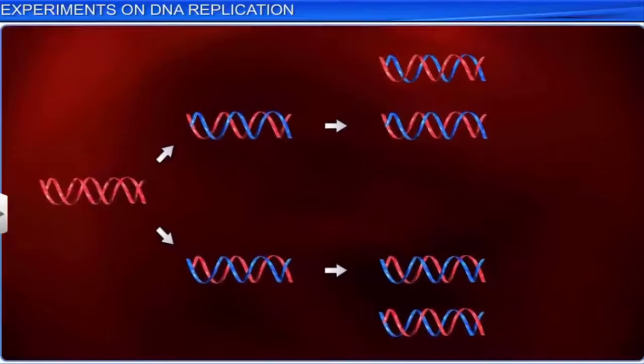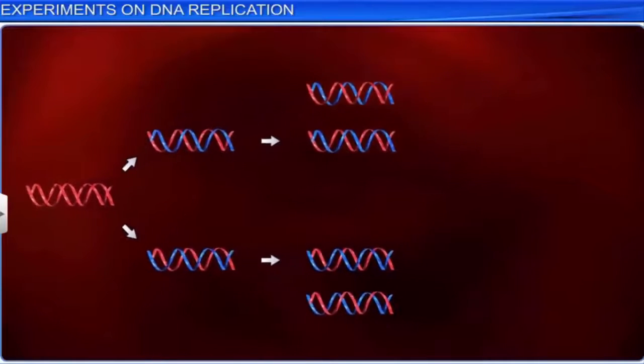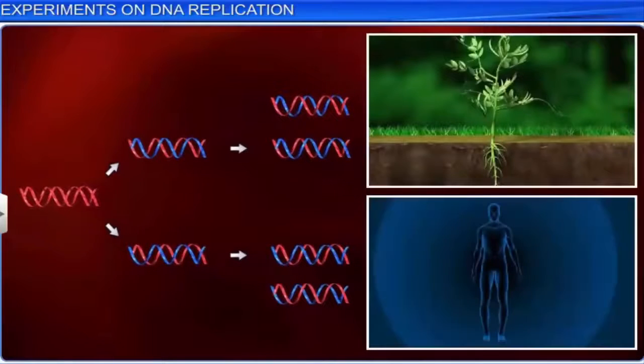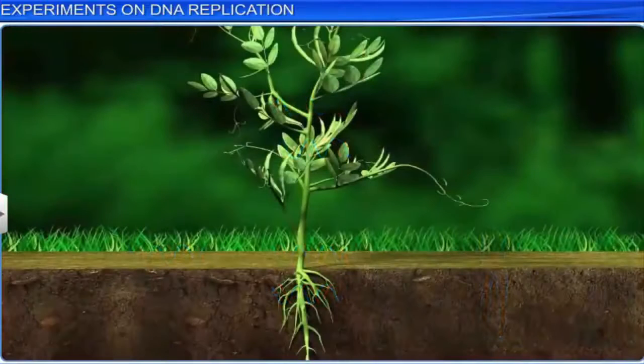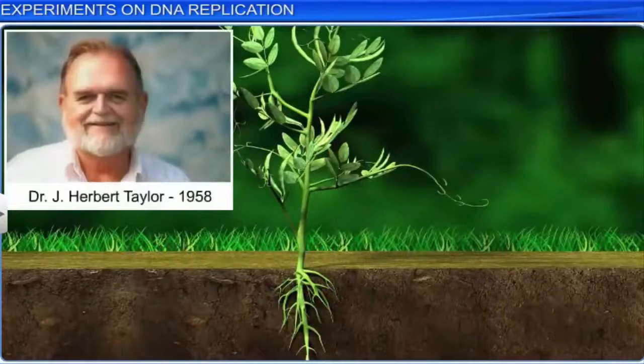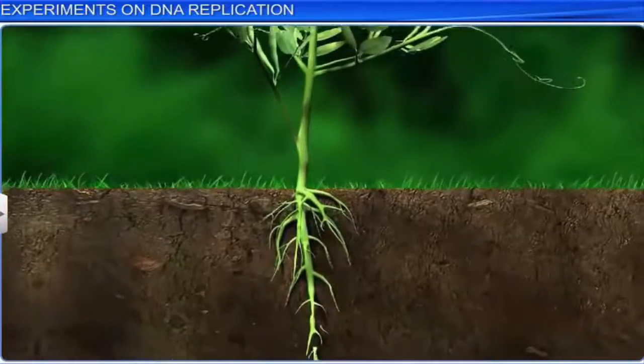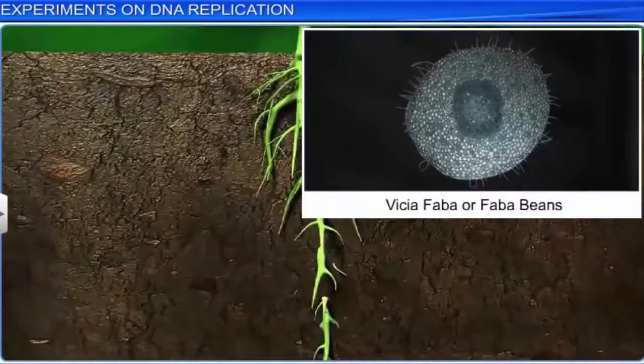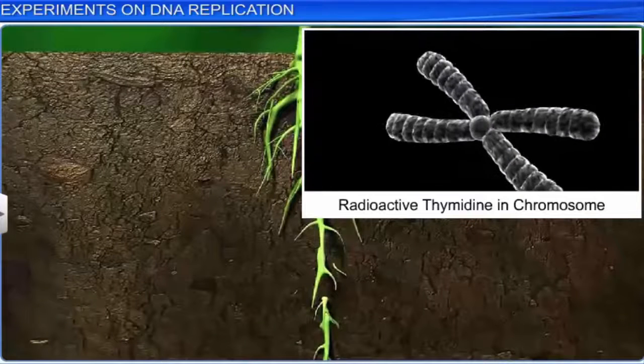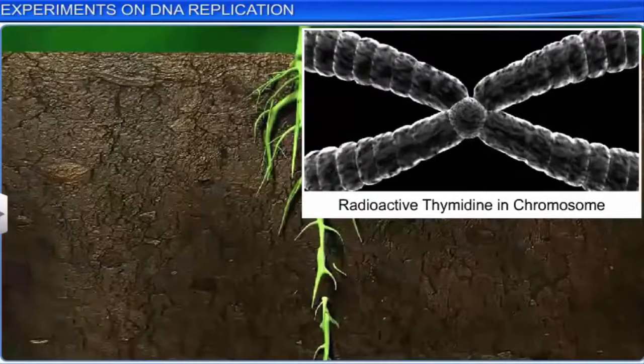Similar experiments were further conducted in higher organisms such as plants and human cells to prove the same. One such experiment was conducted by Dr. J. Herbert Taylor and his colleagues in 1958, in root tip cells of Vicia faba or faba beans, using radioactive thymidine to determine the distribution of newly synthesized DNA in chromosomes.